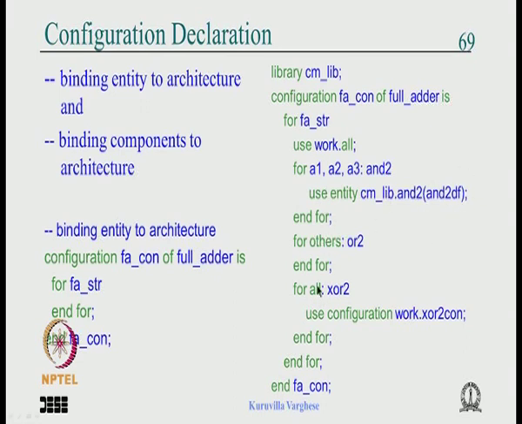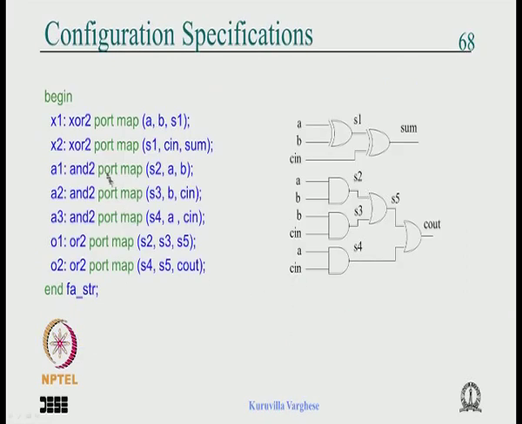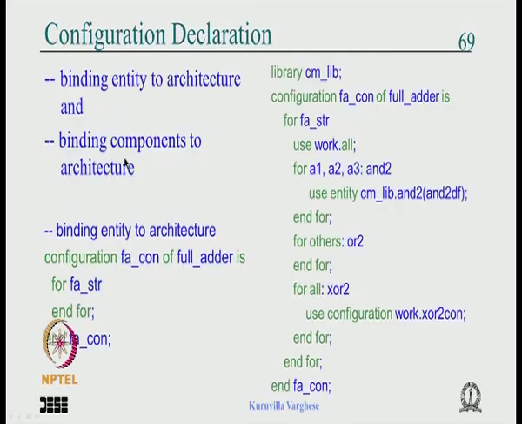Like for others, OR2 means for all OR2 we do not say anything, it can come from anywhere. But interestingly we say here for all XOR2, that means in our previous case you had X1, X2 instantiations, we say use configuration work.xor2con.